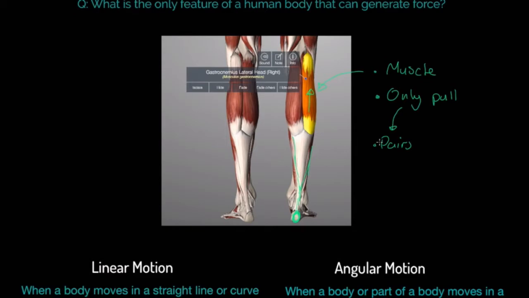Why do we have the tibialis anterior, gastrocnemius and soleus working as a 3-part pair? Well, it's because the gastrocnemius can only pull on the talus. Sorry, on the calcaneus. Let me get my bones right. It can only pull on the calcaneus. So that foot, that ankle, needs another pulling force on the opposite side, in this case the tibialis anterior, to pull on the foot to cause that dorsiflexion.